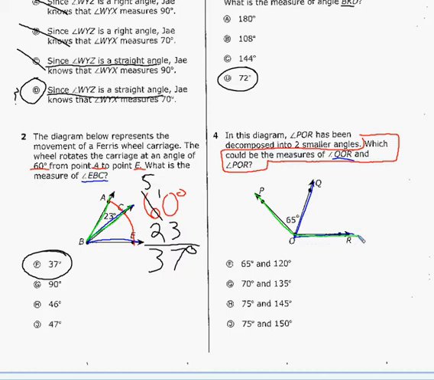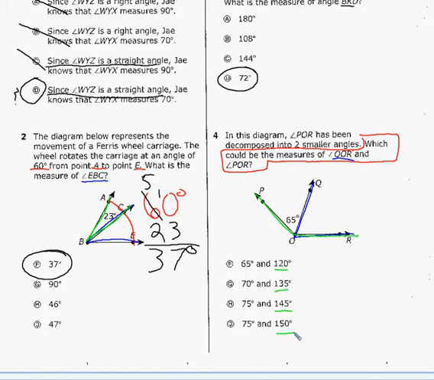Angle QOR, POR. And I can see that POR is my larger angle. So basically, whatever my bigger number is going to be, these are my bigger angles right here.